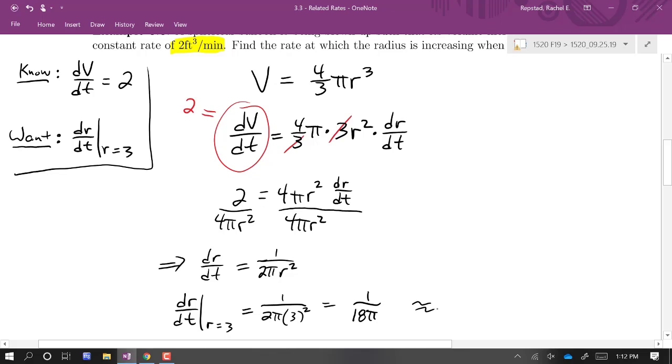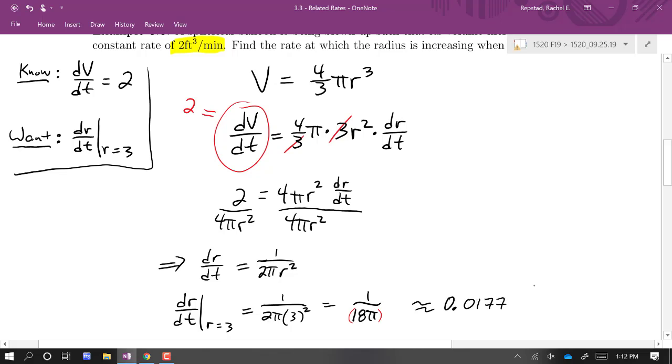If you're doing this on the calculator, you probably would have to use parentheses around the bottom in order for it to understand that pi is a factor in the denominator and not just an overall factor. 0.0177.